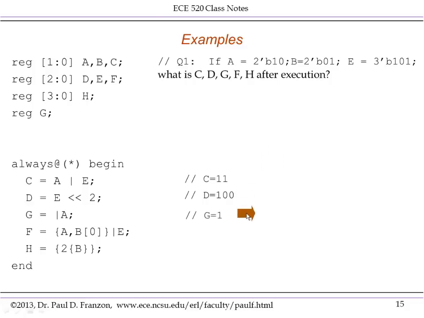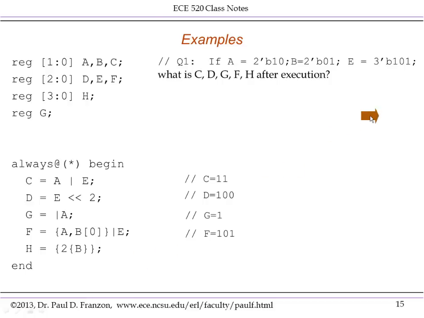G equals vertical bar A. Remember, this is unary reduction. We're taking the 2-bit vector A, ORing the bits together to produce the 1-bit result, which of course is 1, assigned to the 1-bit variable G. A concatenated with B colon 0 produces a 3-bit vector, in this case taking on the value 1, 0, 1.